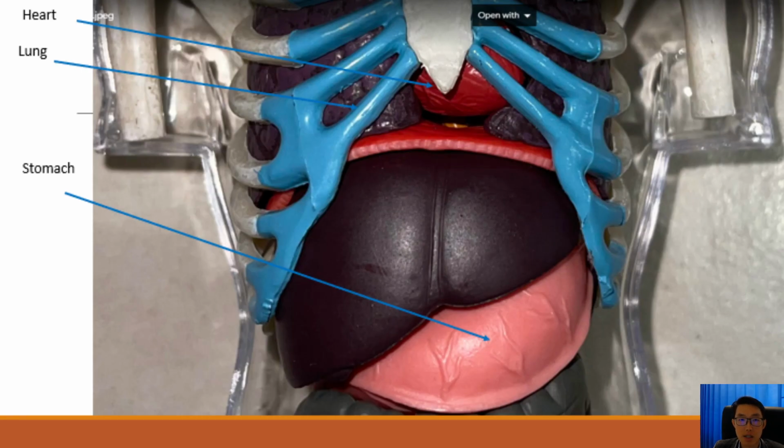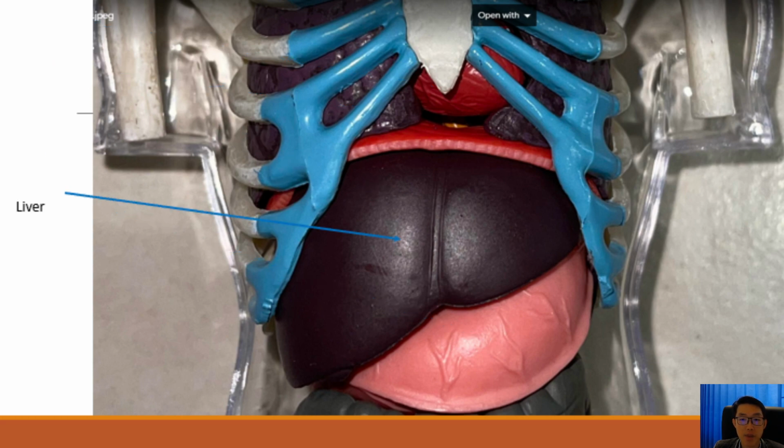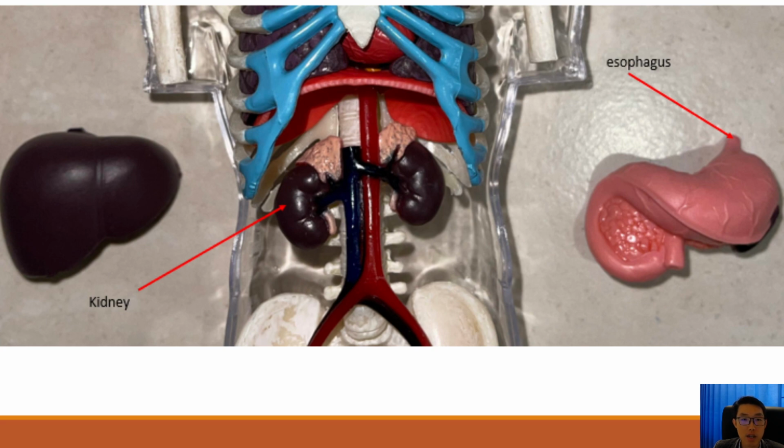So this is the anatomy of the upper abdomen. The upper abdomen, as you can see, has got the stomach, the liver, and above it is the lung and the heart. So this is the liver again. And if we take out the liver, we can see that there is a kidney, which is behind the liver and the stomach.